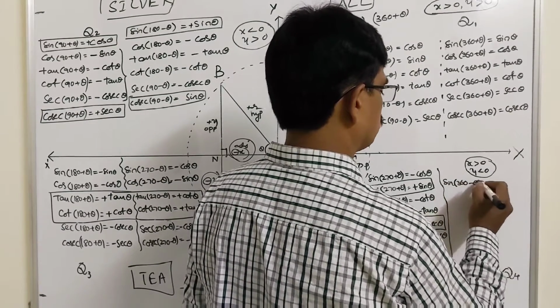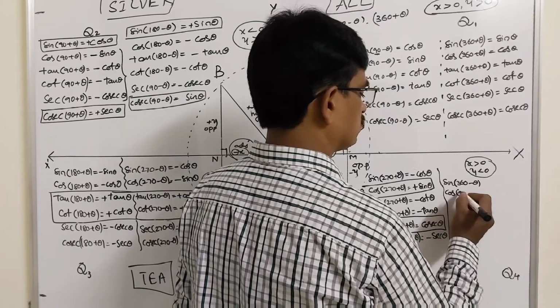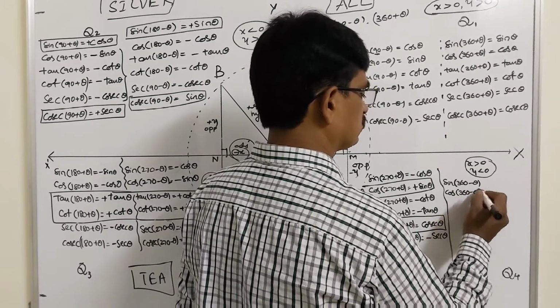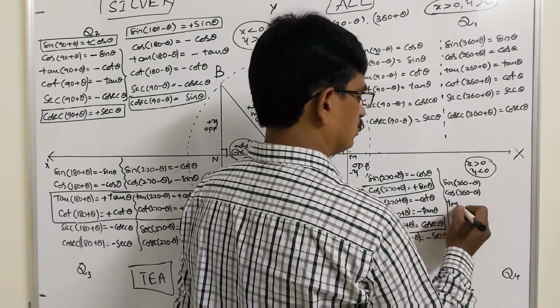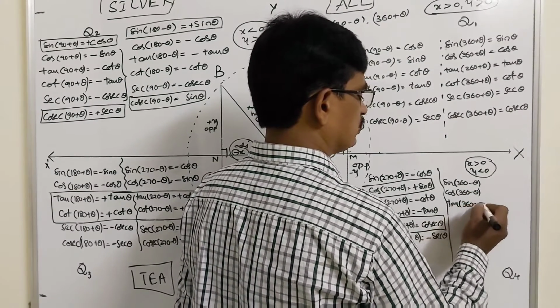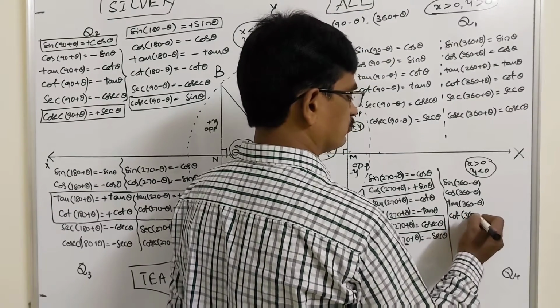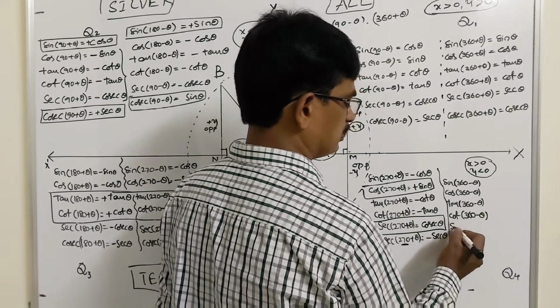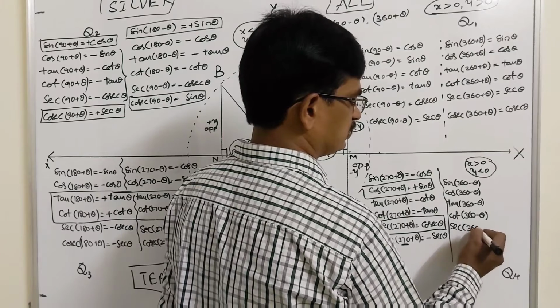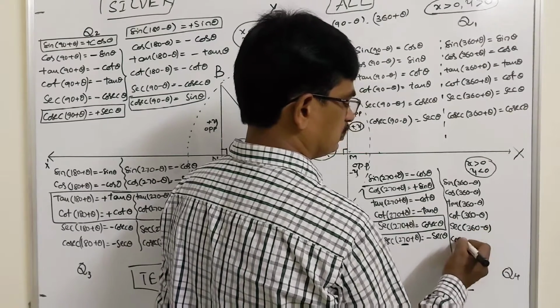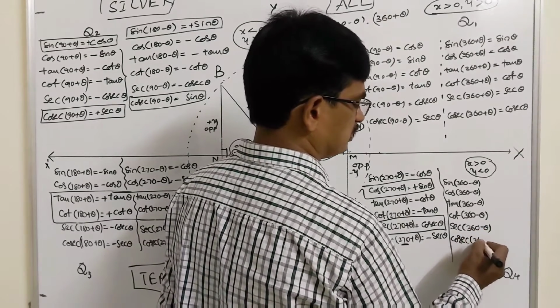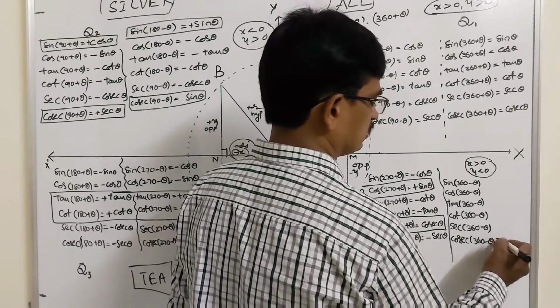360 minus theta, cos of 360 minus theta, tan of 360 minus theta, cot of 360 minus theta, secant of 360 minus theta, cosecant of 360 minus theta.